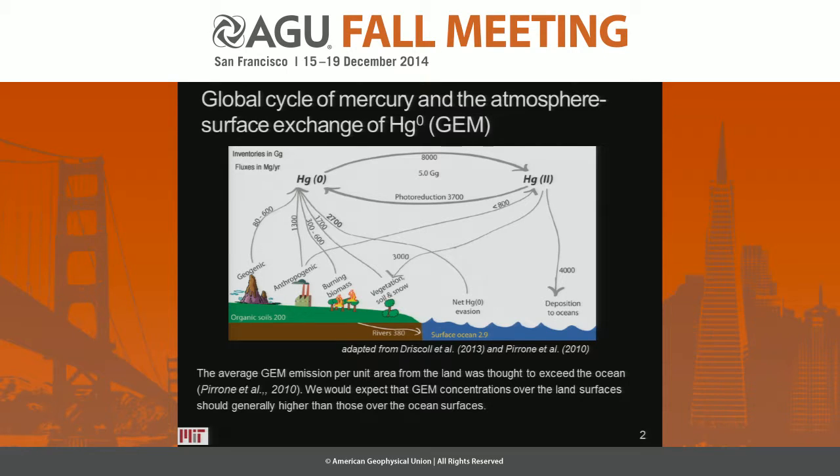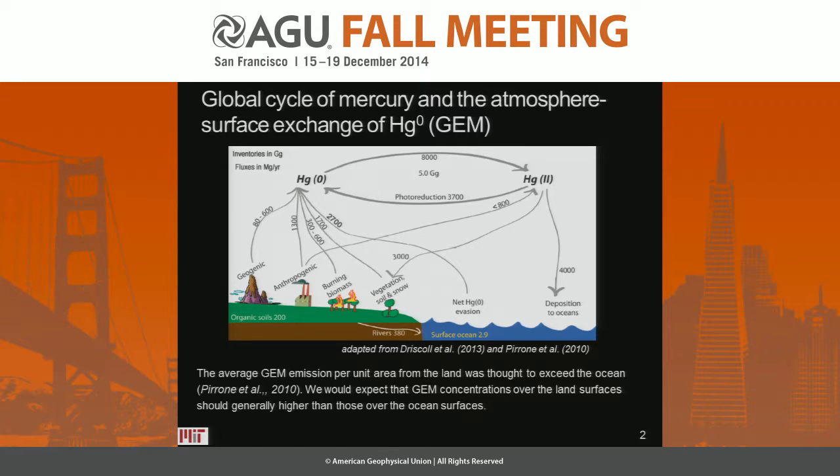So this cartoon shows an estimate of current global mercury cycling, and we can see that most of the mercury is emitted into the atmosphere in the form of Hg0, which is gaseous elemental mercury, also called GEM. GEM has a lifetime of several months against oxidation to reactive mercury, Hg2, which returns to the Earth's surface by deposition relatively quickly.